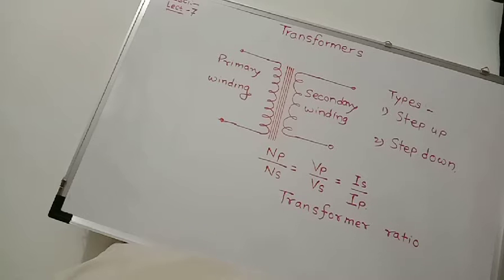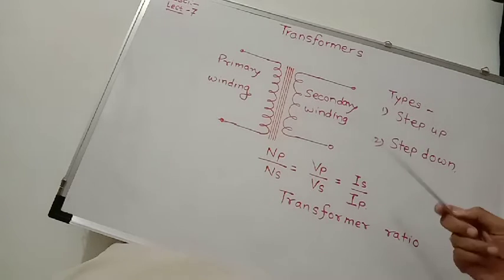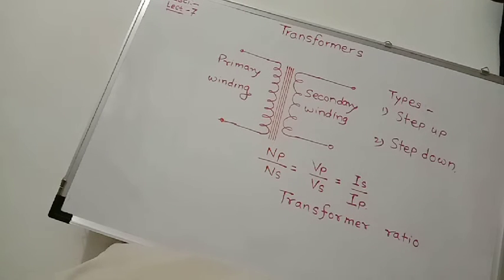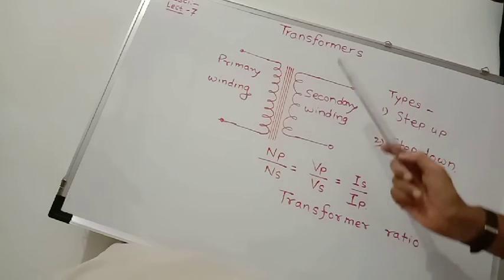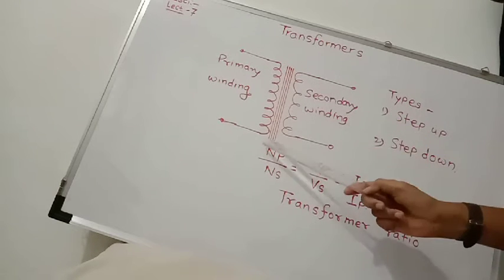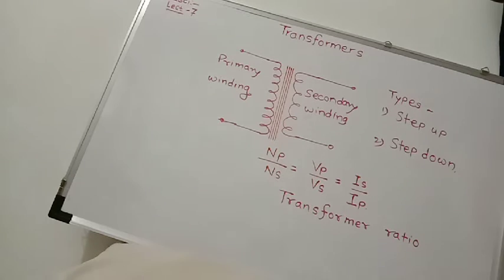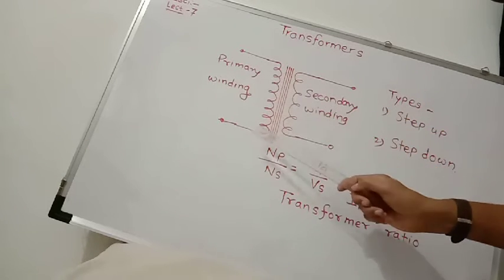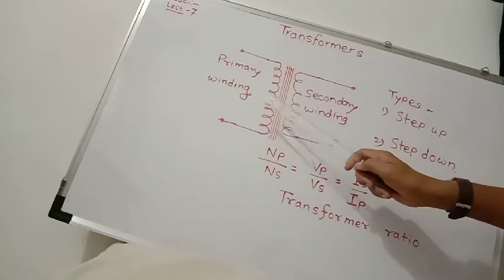A transformer is a device which transfers electrical energy without changing the frequency. It transfers electrical energy from primary to secondary, and it works on the principle of mutual induction. When AC current flows through one winding, there is a change in magnetic flux.